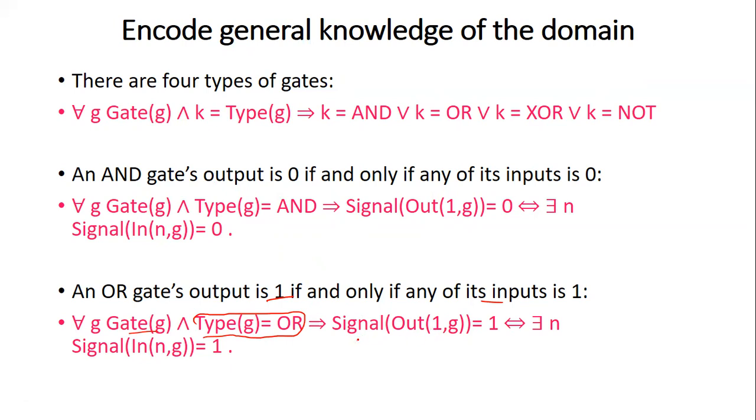Output of 1 comma G, the signal of that output will be 1. It is bidirectionally equivalent to saying that there exists an n such that its input, n comma G, its signal is 1, at least one of its inputs is 1. If one of the inputs is 1 for an OR gate, then the output will be 1. If one of the inputs is 0 for an AND gate, the output will be 0. That's what this rule says.